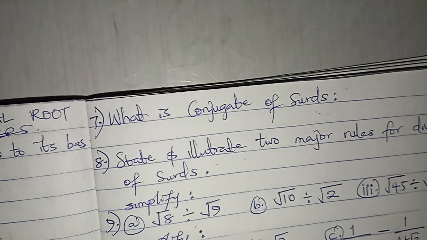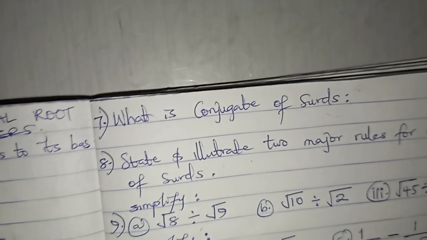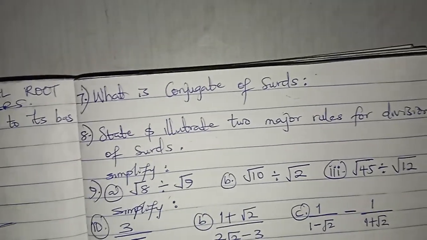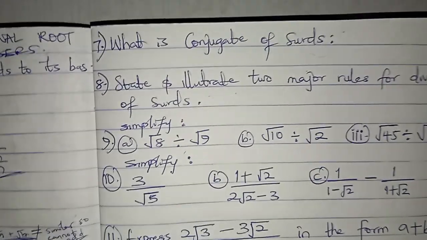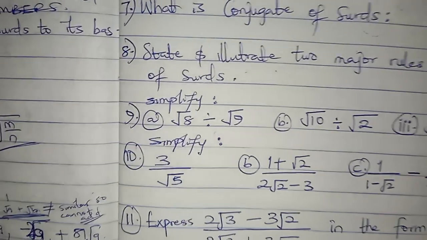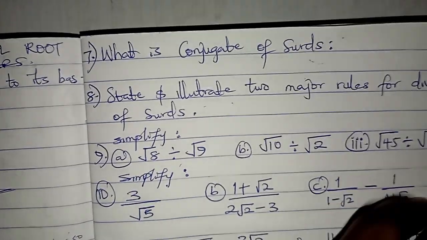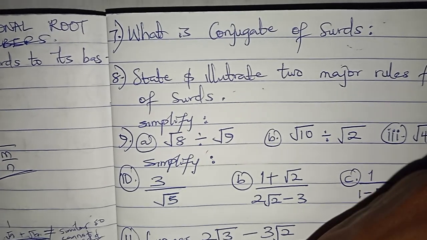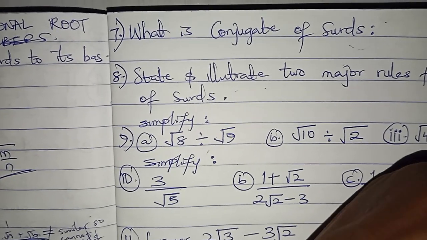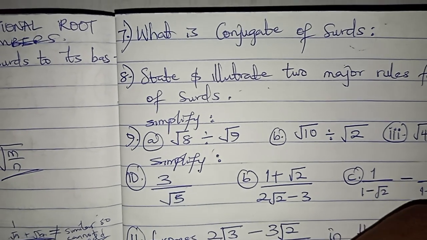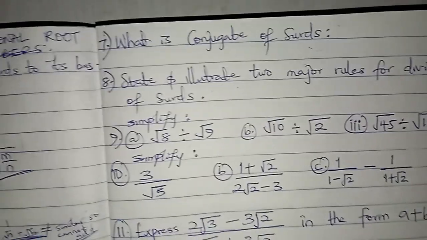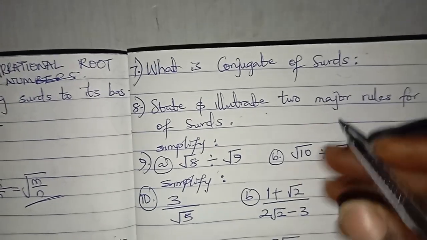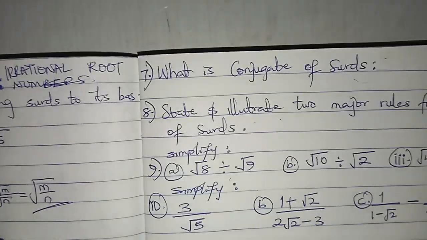I don't know how to put it, but I think the best way to put conjugate surds is simply by saying there are two surds separated with positive and negative signs. So when you have the same surds, but the only difference is simply in their sign.